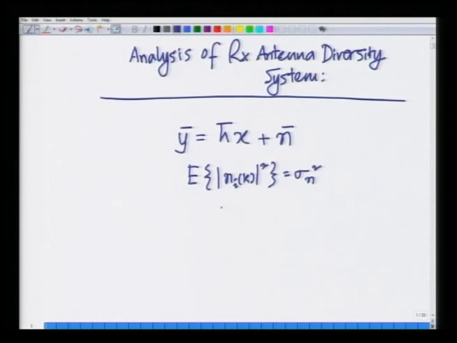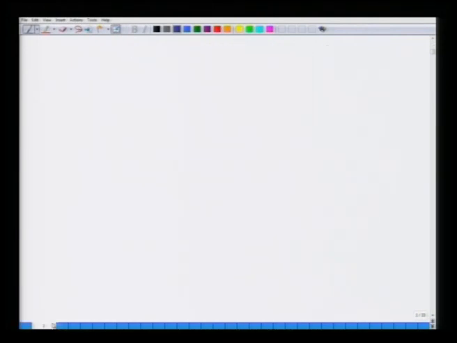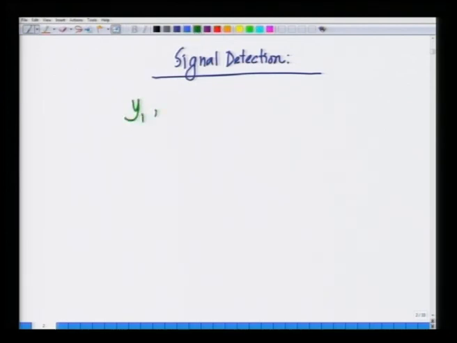Let me go to the next page, let me start analysis with signal detection. Now, how to detect the signal in this system? I have y1, y2, so on and so forth up till yl.